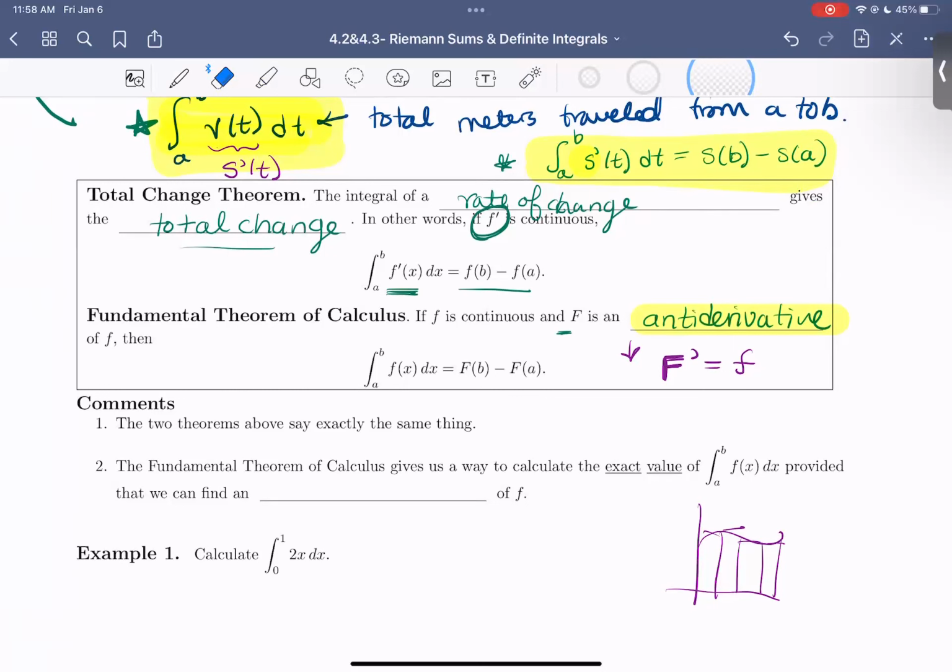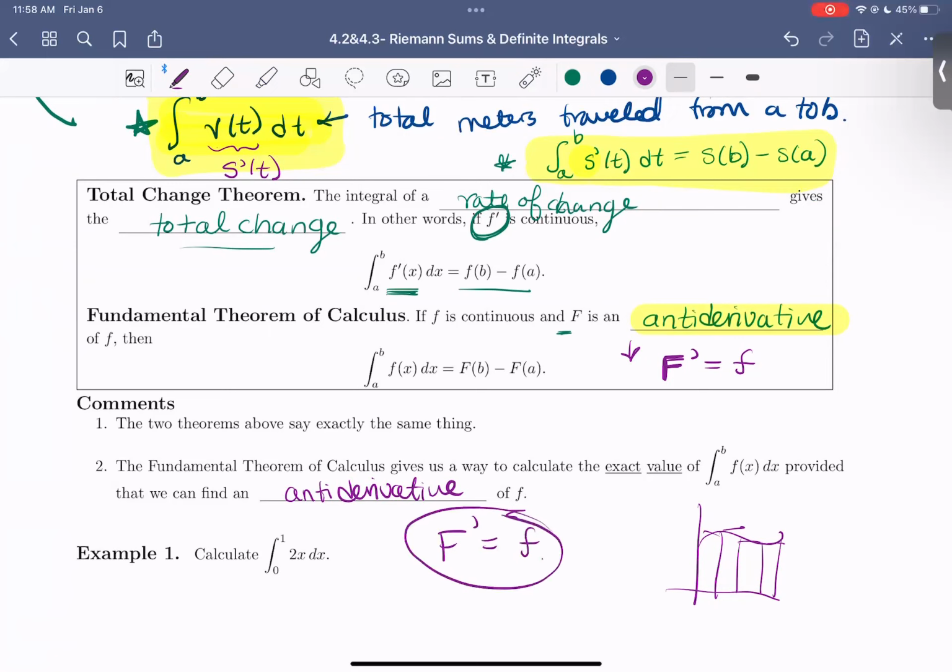And how do we do that? Provided that we can find an antiderivative of f, meaning we can find that function big F whose derivative is equal to little f. Once we find that antiderivative, we evaluate it at b and a and find the difference. All right. Pretty amazing stuff.